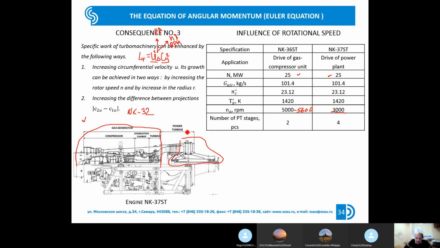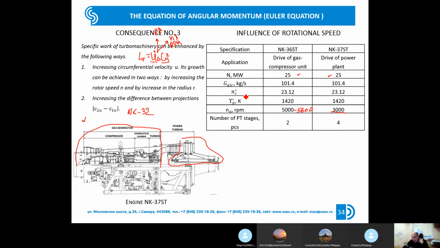It has a very similar construction in NK36ST and NK37ST. It means that the diameter and the blade height are the same for the two engines.